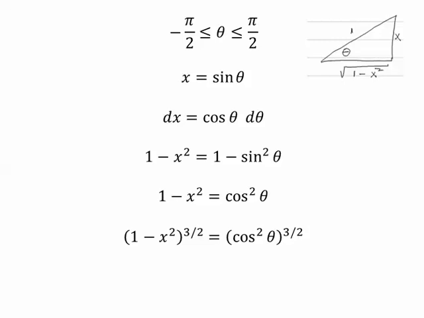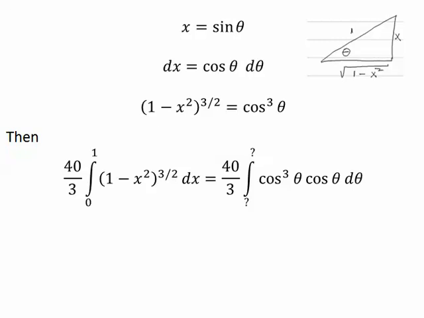And so if I want to know 1 minus x squared, all of that to the 3/2 power, I'm looking at cosine squared to the 3/2 power. Now, one thing to keep in mind is that if theta is between negative pi over 2 and pi over 2, then cosine is always 0 or greater. And so the right-hand side simplifies very nicely into just cosine theta to the 3rd power.